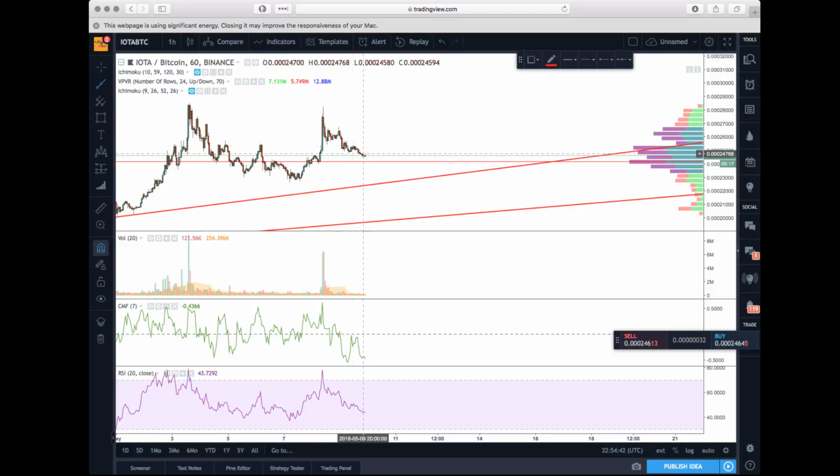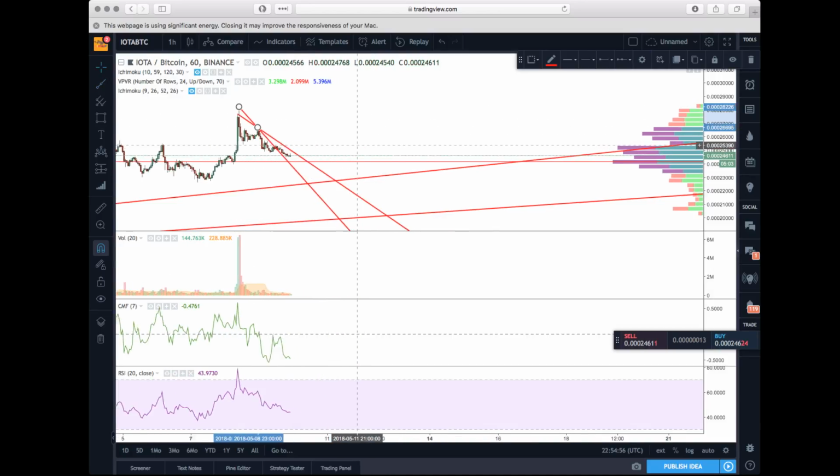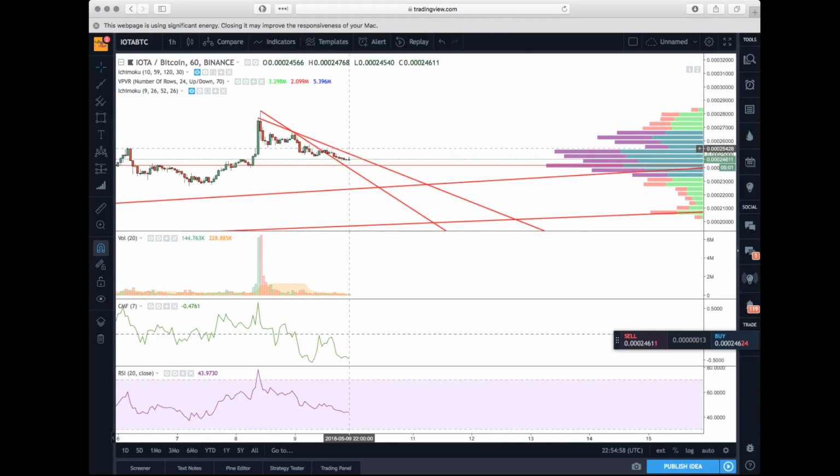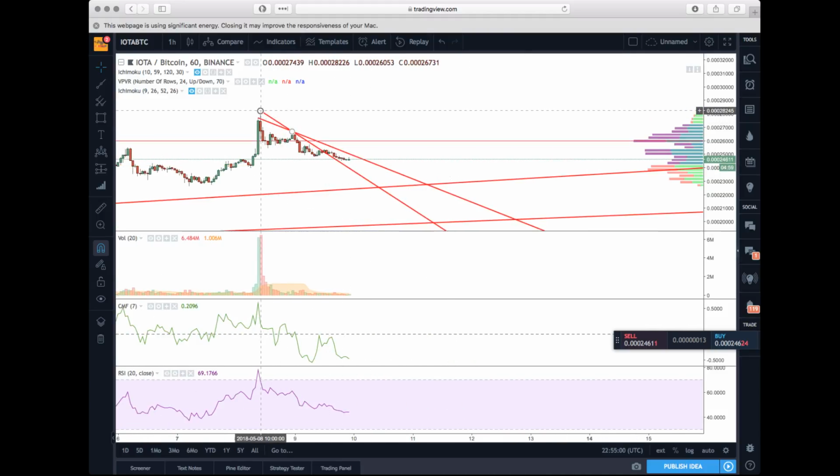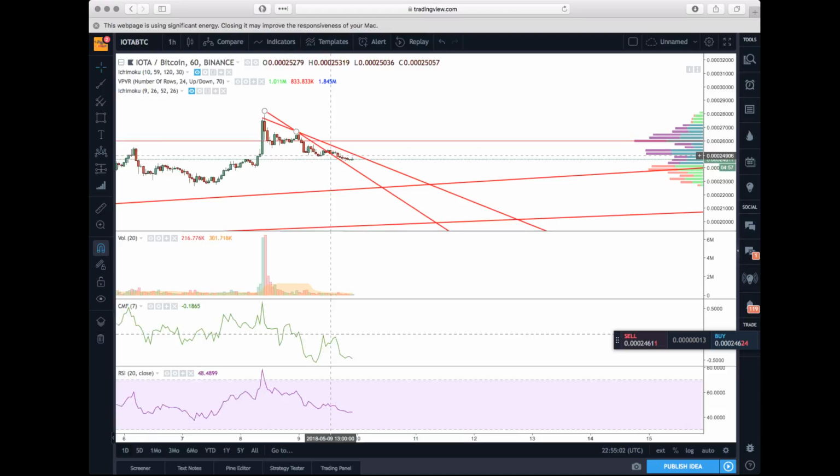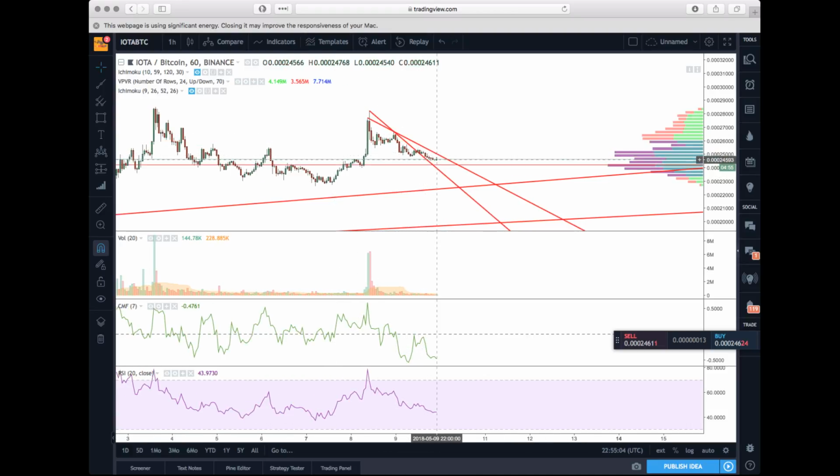Let's try and draw a little line here and see what we can find out. So this would be a more conservative line, and this would be a more aggressive line. You can see based on those two lines what happened. The aggressive line from the real peaks, the price action did break through, but then it kind of bled down.